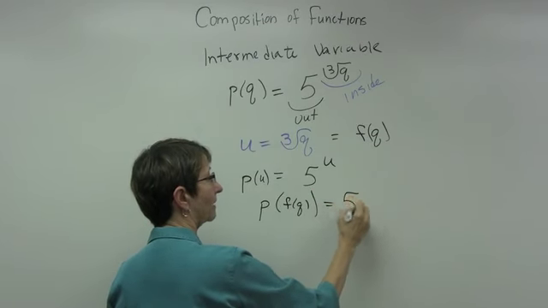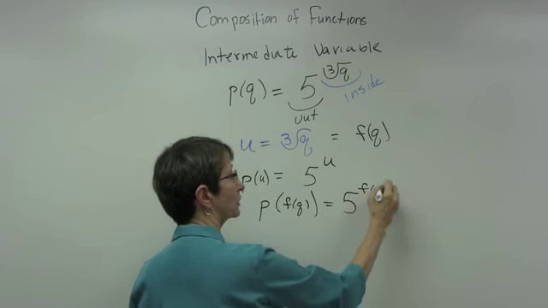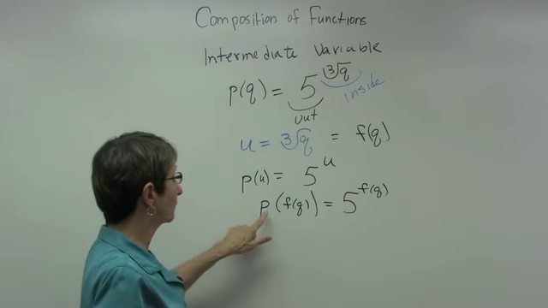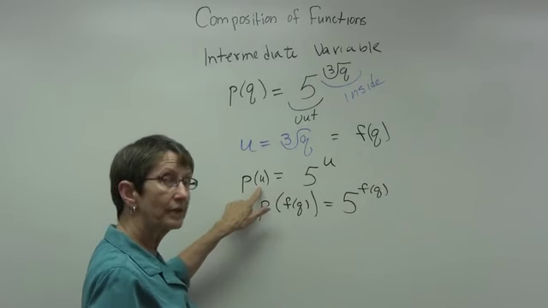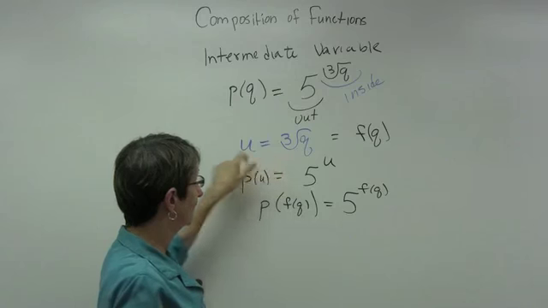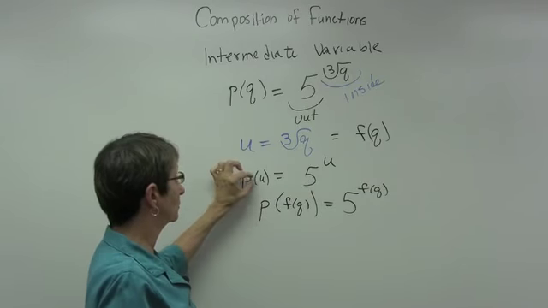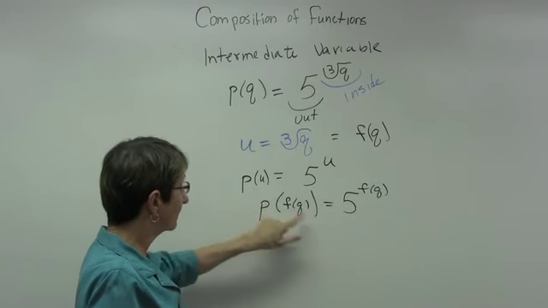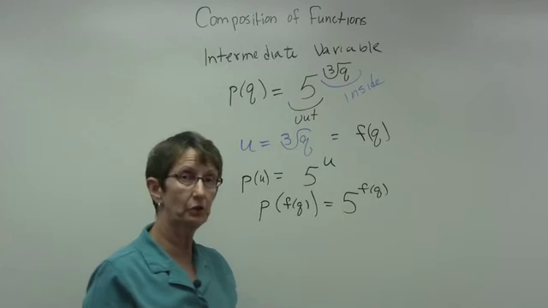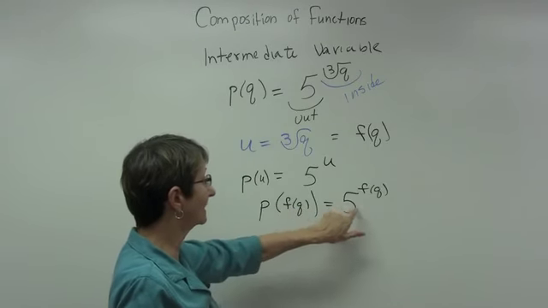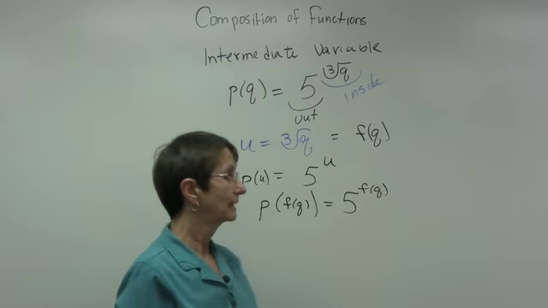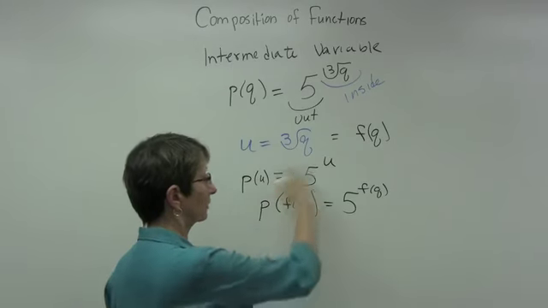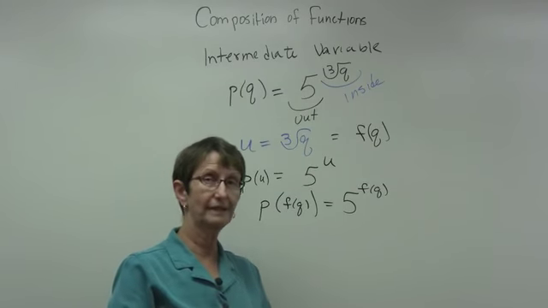So this is 5 raised to the f of q power, and that gets us from p through the intermediate variable u down to q, just using u as the input, or down here I can write it with f of q as the input. So we can really see that we do go all the way to q. We'll see a lot more with intermediate variables in a little bit.